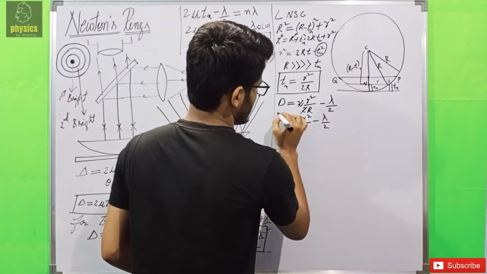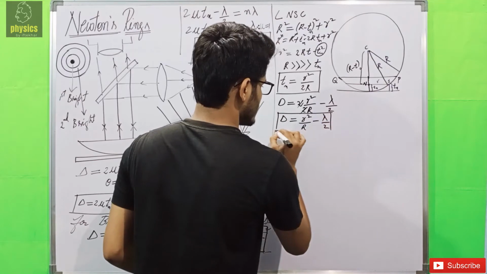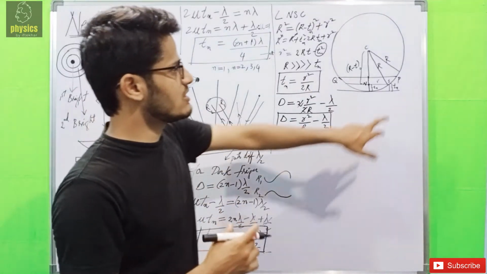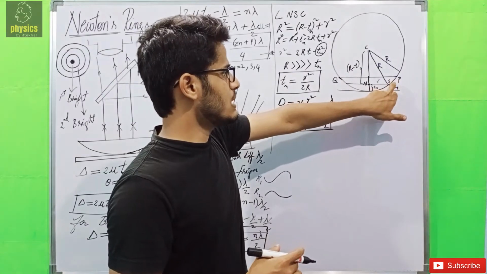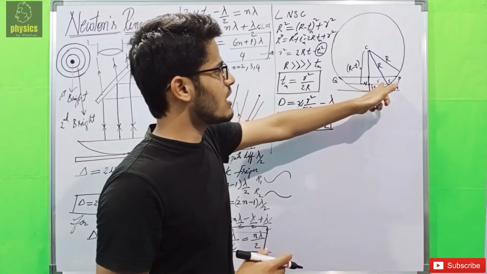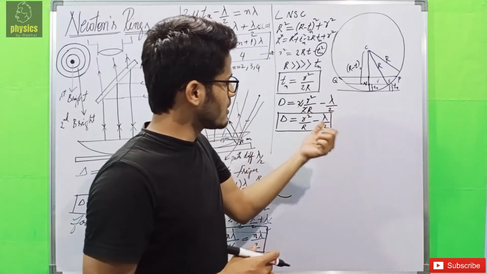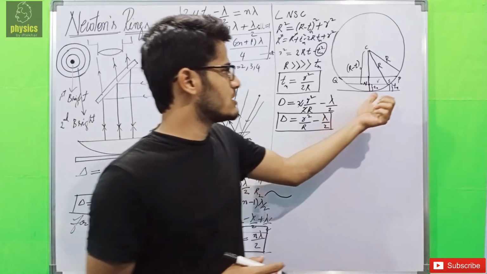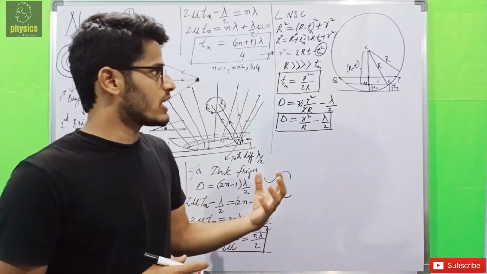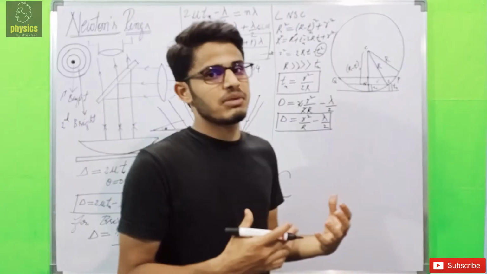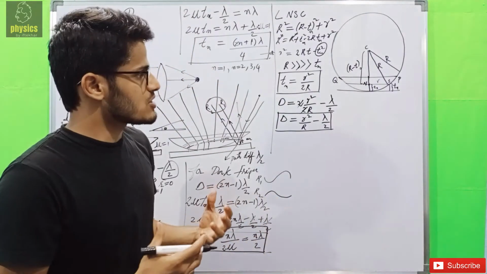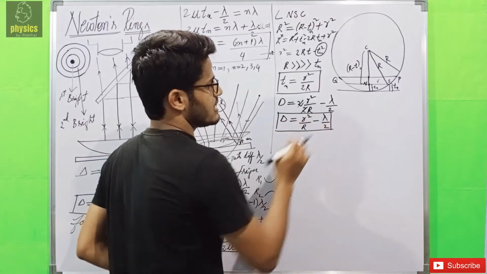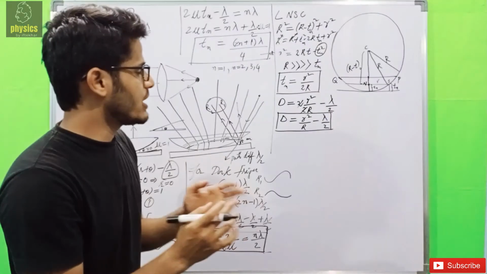So initially we had the path difference equation in terms of the thickness T, but now we can find out at what particular radius, or what particular diameter, we get constructive or destructive interference, because we got the path difference in terms of the radius.